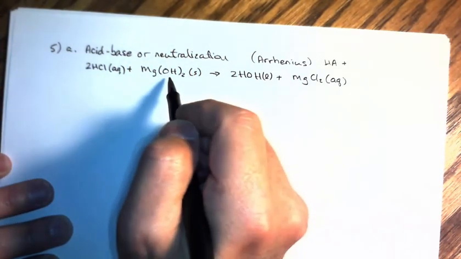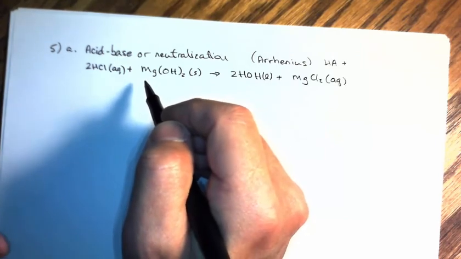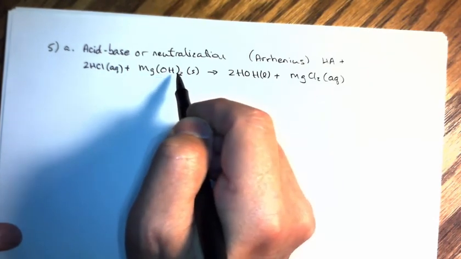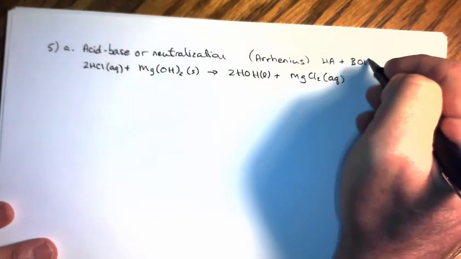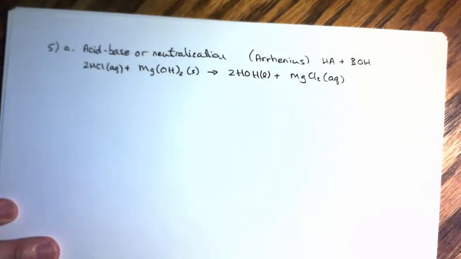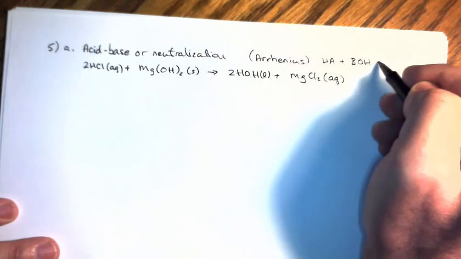And the bases for this class at this point in time always have to have hydroxide on the back side. Both. And the front part's got to go with the back part.